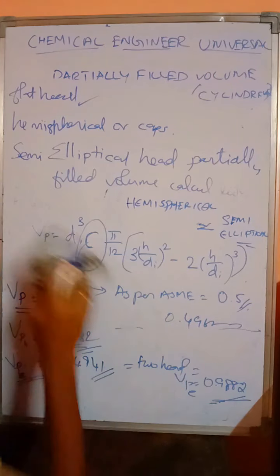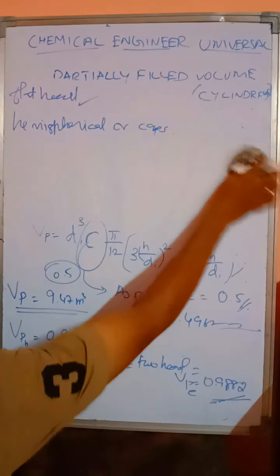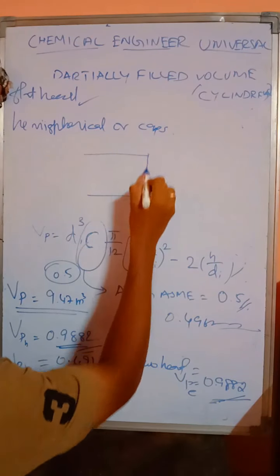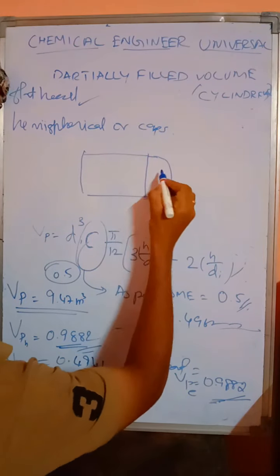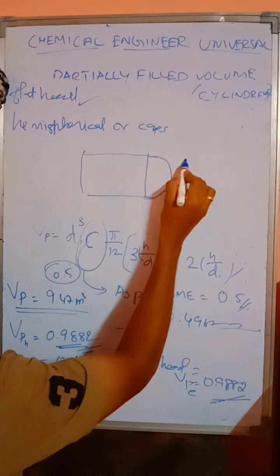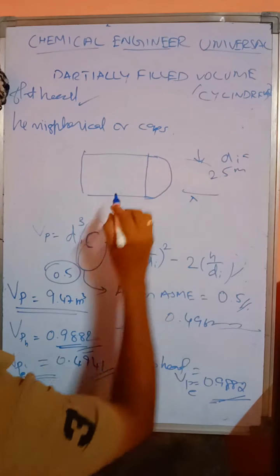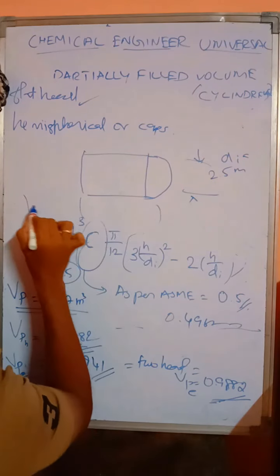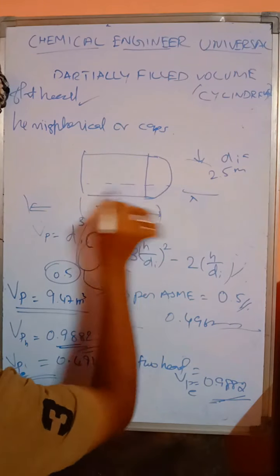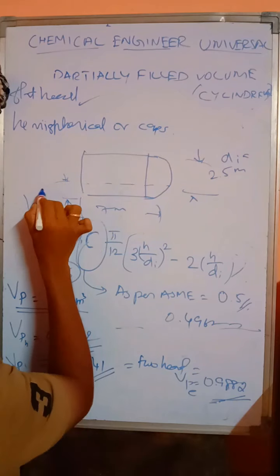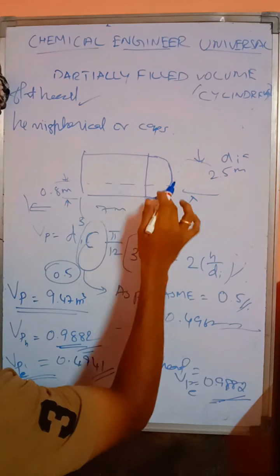This is for drawing reference. I'll draw one thing here, small. Dia 2.5 meters, and the length will be the same, 7 meters, and filled volume 0.8 meter. Take the same data, the only thing changing is the head, right?